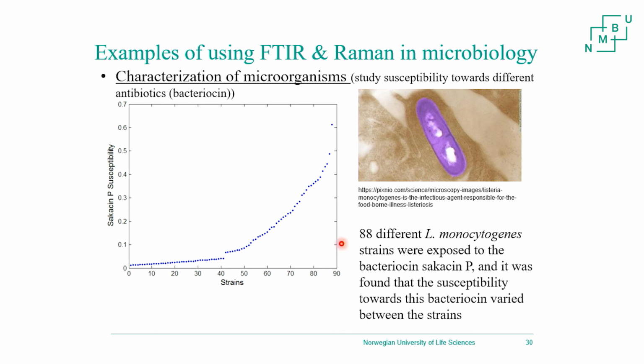We were looking for a susceptibility gap towards this antibiotic, which varied between two groups of strains. The susceptibility gap was obtained both from the reference method and from the FTIR data.